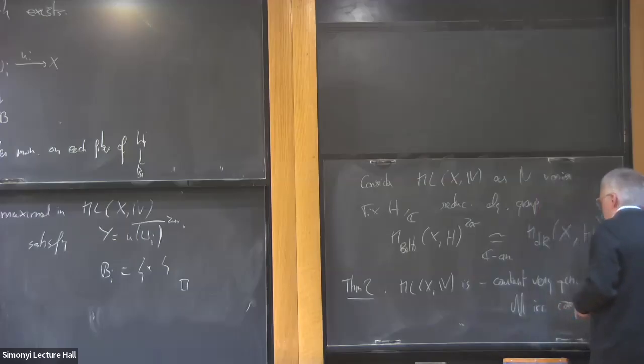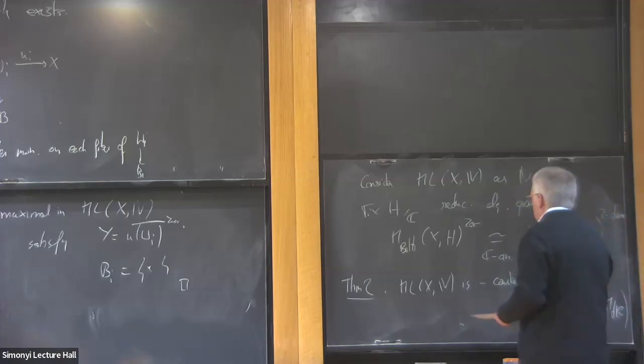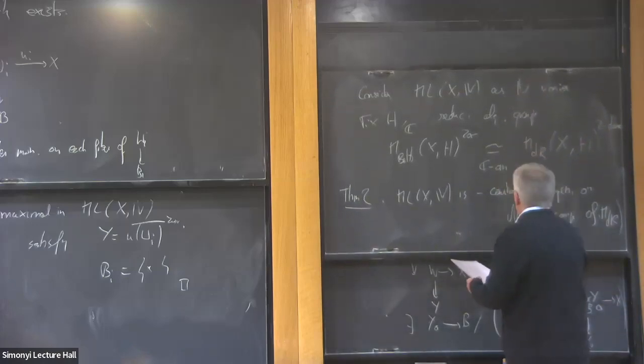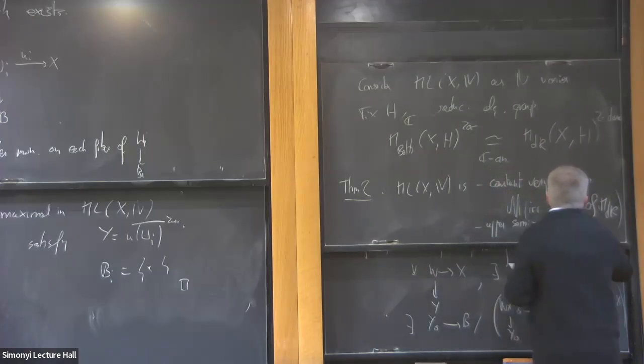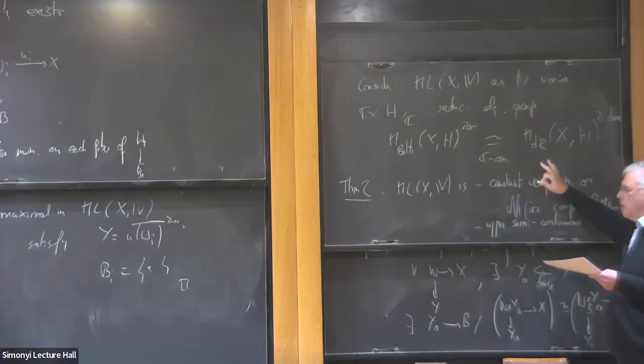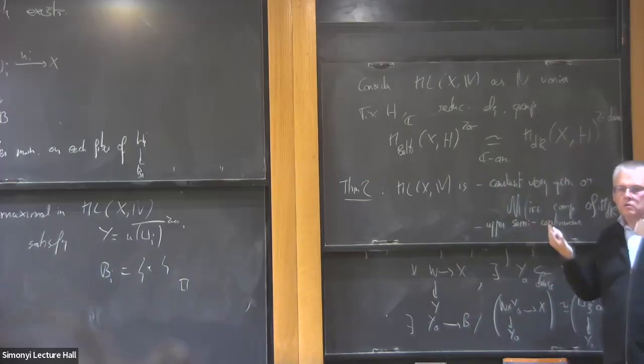Okay. So it's constant very generically, which means outside of a countable union of algebraic subvarieties of M de Rham, this monodromy locus is constant. And the second thing is that it is another semi-continuous function, which means that on the countable families of subvarieties of M de Rham that are excluded, this monodromy locus can only increase.